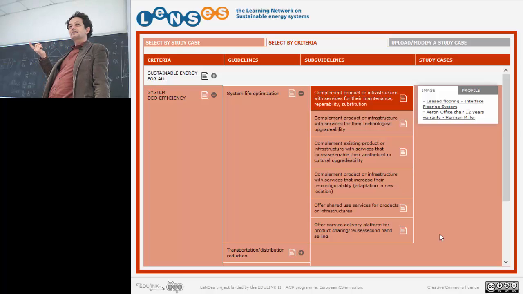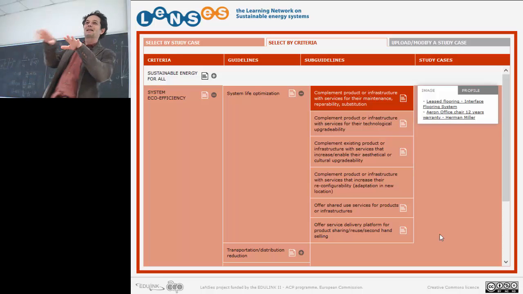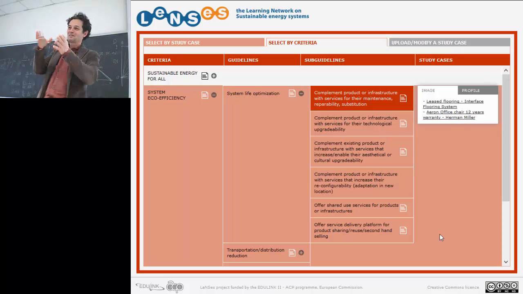So in this case, what kind of PSS would it be? Yes, use-oriented, because actually you are using the carpet. All the time, classifications are not so strict.